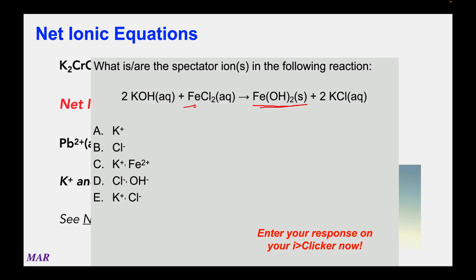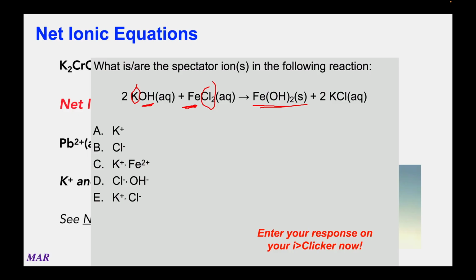And what I mean by that, the iron 2 plus in iron 2 chloride is going to be useful. And we're also going to need the 2 hydroxides in potassium hydroxide. The hydroxides and the irons will make the iron 2 hydroxide. So the spectators are going to be basically the parts that I didn't underline. That's going to be the potassium right there, and that's going to be the chloride too.